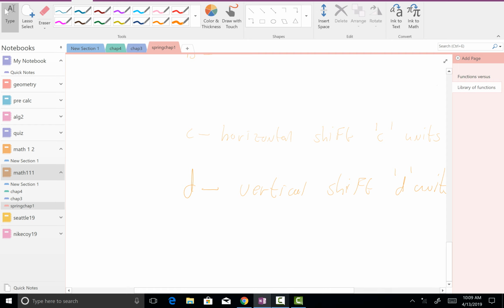So it's hard in a parabola to really see what B does. The best way to see what B does is to change this to a whole different function.